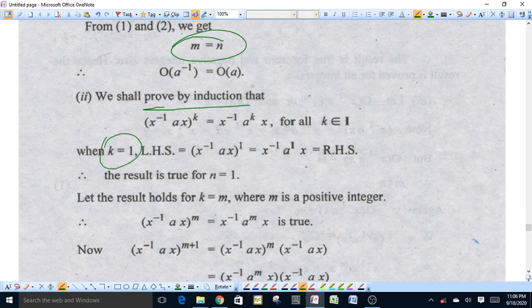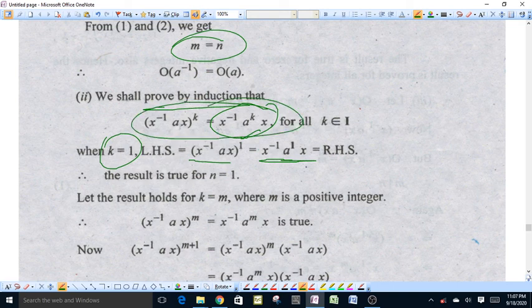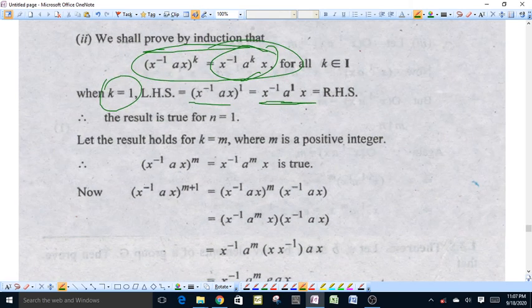If we take k is equal to 1, in the left hand side x inverse a x raised to power 1 will be equal to x inverse a raised to power 1 x, which is equal to right hand side if we put k in the right hand side equal to 1. Therefore, this result is true for k equal to 1. Let us assume that this result holds for k equal to m, that is x inverse a x raised to power m is equal to x inverse a raised to power m x is true.